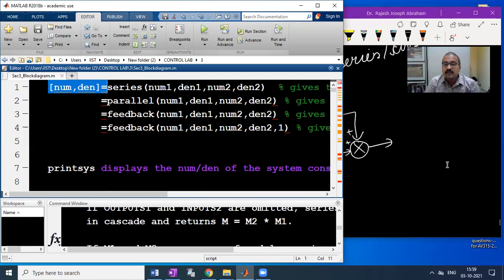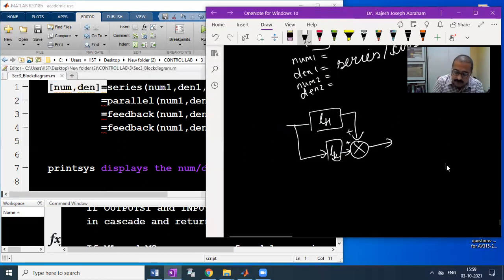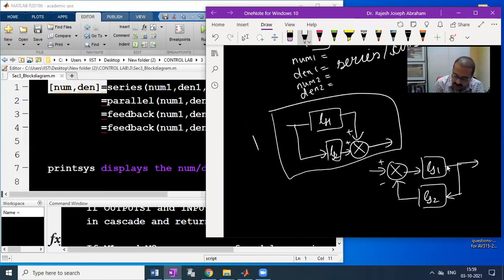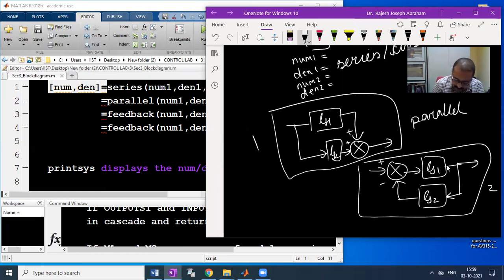Then we have the feedback configuration. What is the difference between parallel and feedback? Feedback means it starts from the same summing point and ends at the same summing point in a closed loop configuration, like this. This is the parallel thing, and this is the feedback.